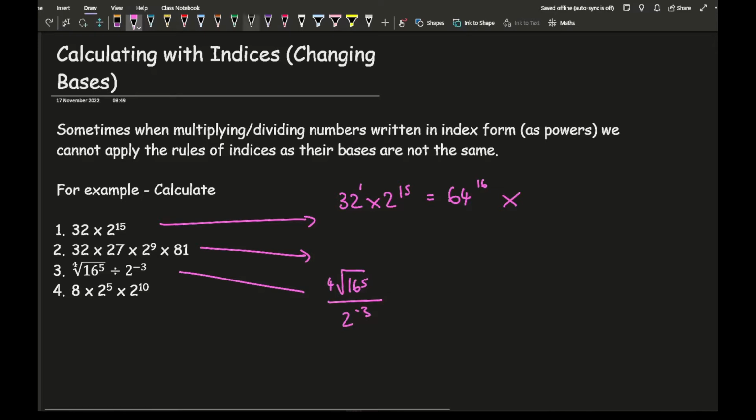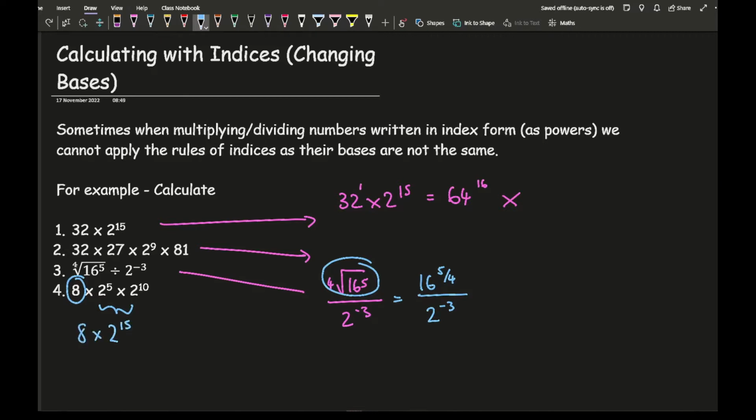Now you might be thinking, I know the rules of indices, so I know that this number here is going to be 16, and then here I've got the root of 4 over 2 to the power of minus 3, but again the base numbers aren't the same, so I can't just simply take away those powers. And again with question 4, same thing applies. I can simplify this, which would give me 2 to the power of 15, but then I've got this 8, and there's nothing I can do with that because these base numbers are different.